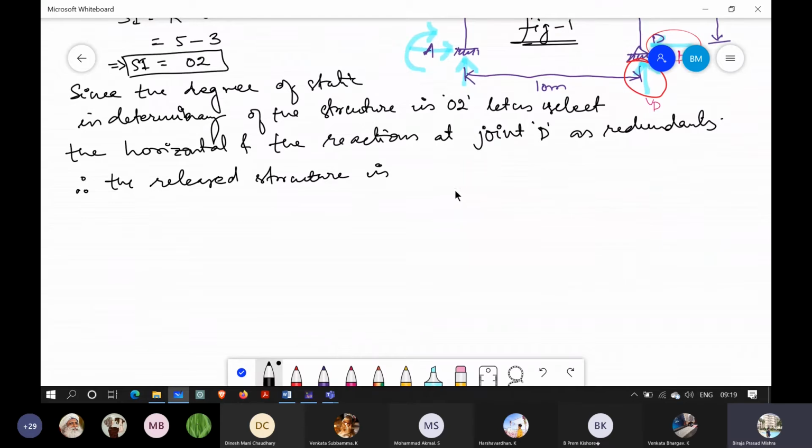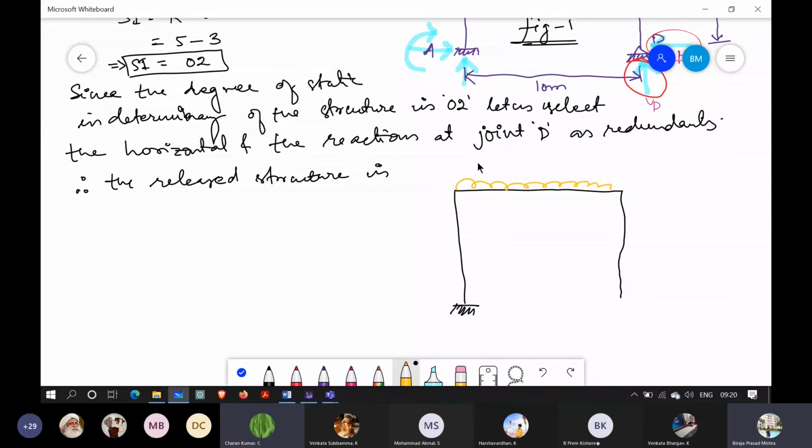What we are doing is removing that joint, and the structure will be like this. This one is 2 ton per meter, and here we again have 8 tons. This is A, this is C, this is D. All of you please mute your mics.